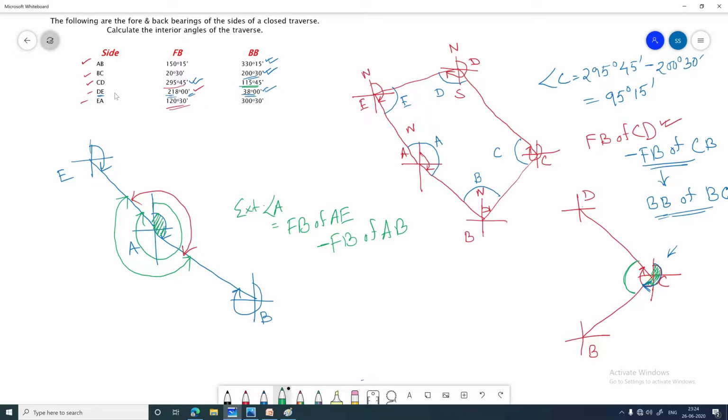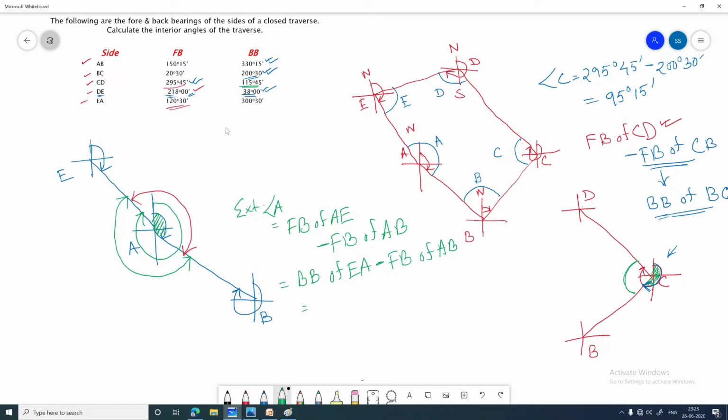Forebearing of AE is not given, so it will be converted into backbearing of EA. AE not given, definitely EA is given. So backbearing of EA and forebearing of AE are the same, minus forebearing of AB. So this is given.